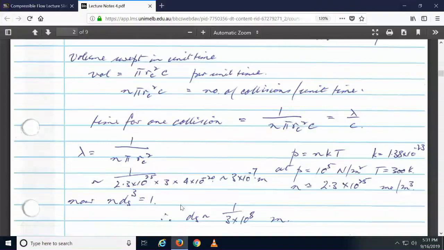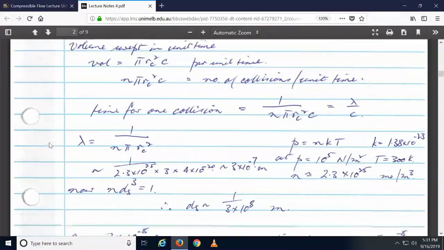The cube root of 27 would be 3. 3 3s are 9, 3 9s are 27, so 2.3 is near enough to 2.7. And the cube root of 10 to the 24th is 10 to the 8th. So the average spacing is 1 over 3 by 10 to the 8th meters.